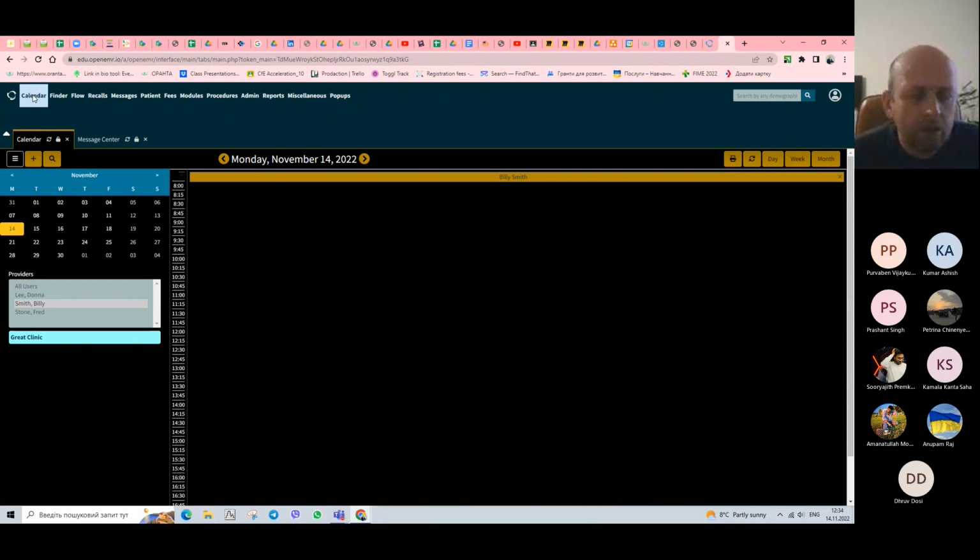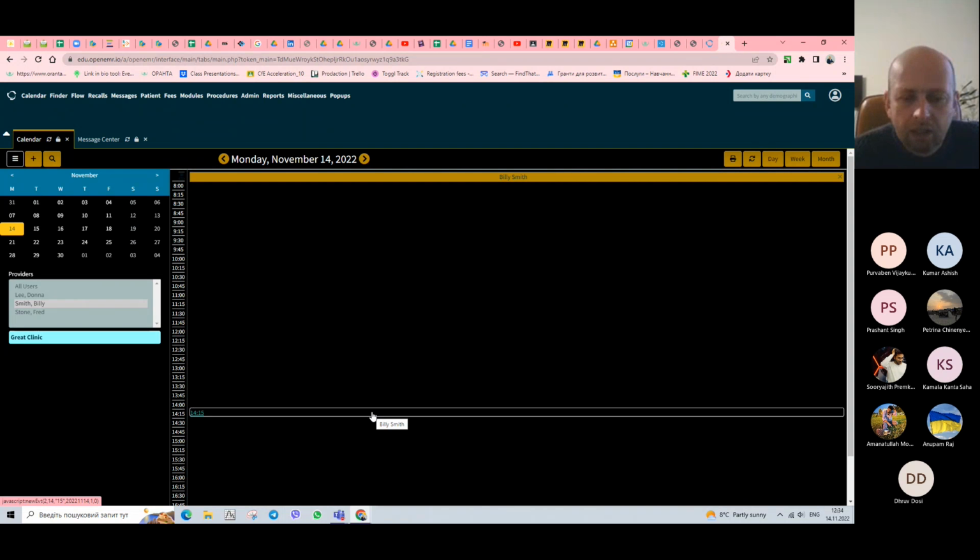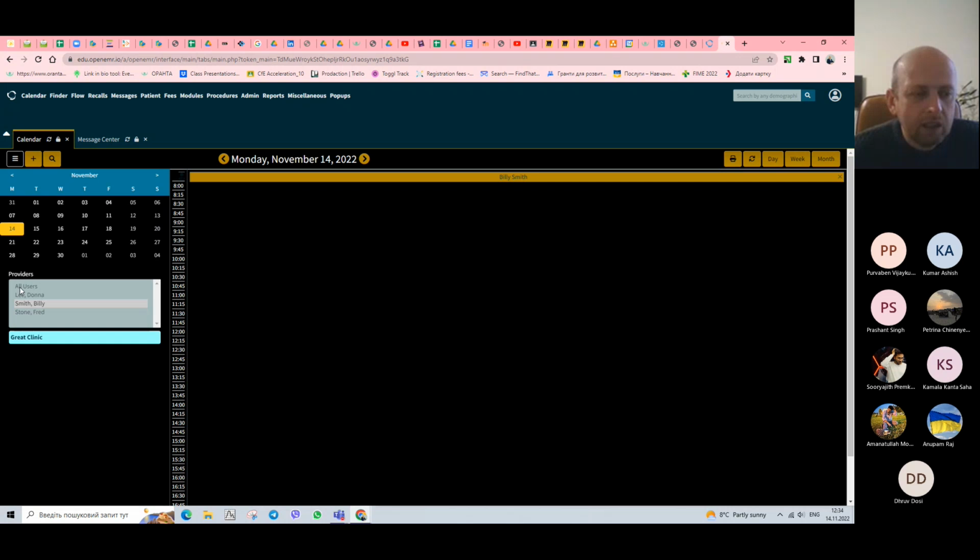This information system includes different tabs and different functions. The calendar is the first one, where we can store records about patients and the scheduler, where we can add different activities. There is a list of providers and their appointments.